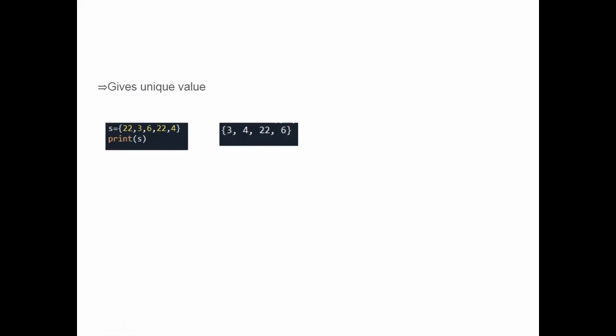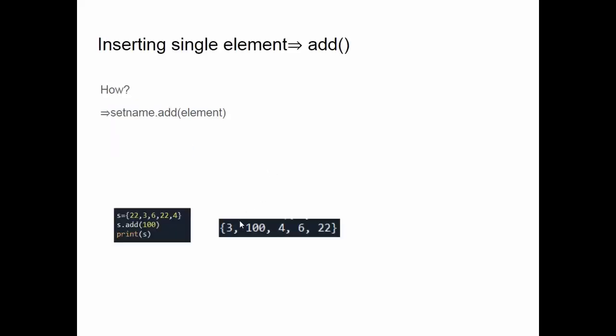First thing, we have to use the curly braces. Second, it differs from the list in that assignment operation is not allowed, and it differs from tuple and list in that repeated values are displayed only once. Now, inserting a single element is done using the add function: set name dot add and the element.